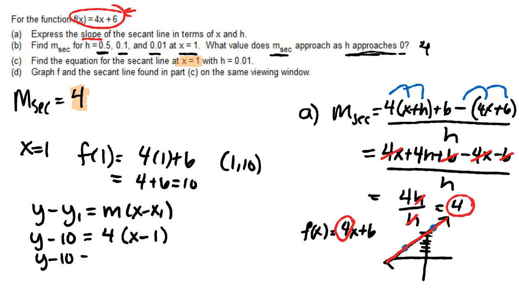That's y minus 10 equals 4x minus 4. I'll add 10 to both sides, and I have y equals 4x plus 6. So the equation of the secant line is 4x plus 6.